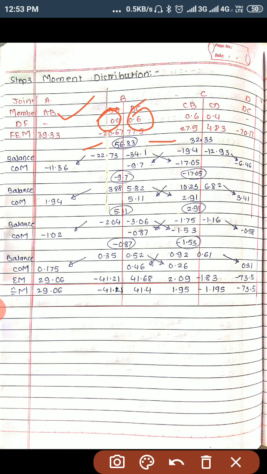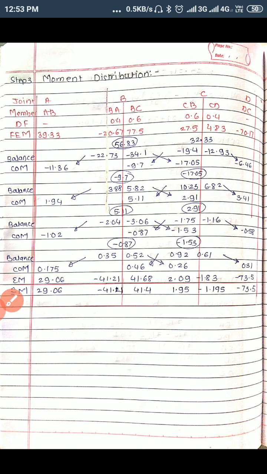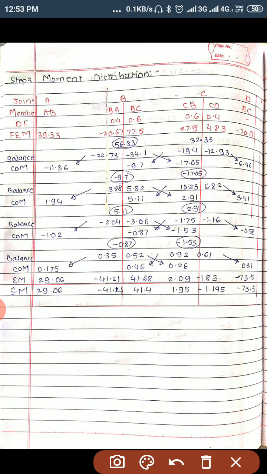Similarly for C joint. Now minus 56.83 into 0.4 will get minus 22.73, and minus 56.83 into 0.6 will get minus 34.1. Is it clear? Equal and opposite, that's it.